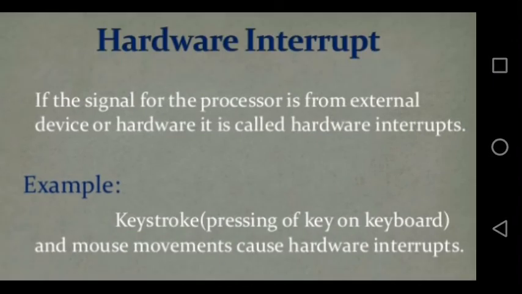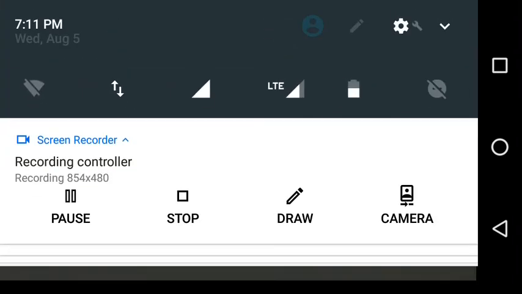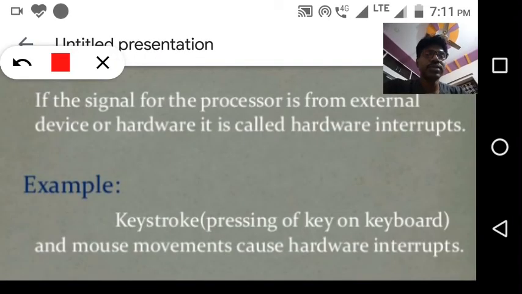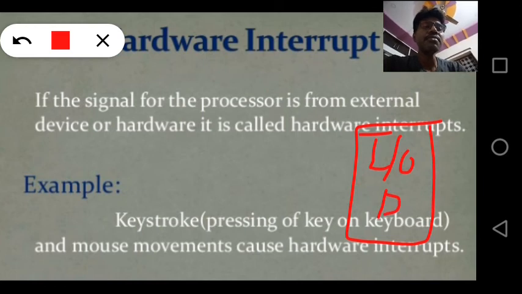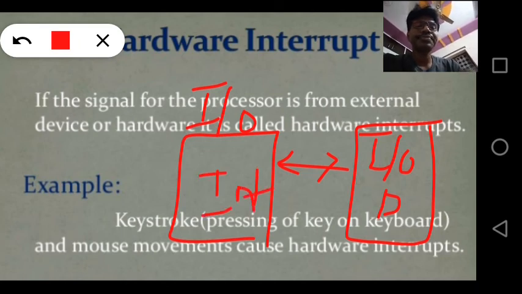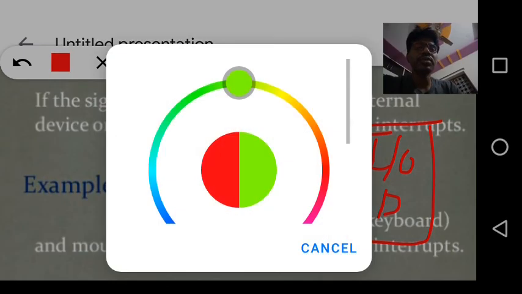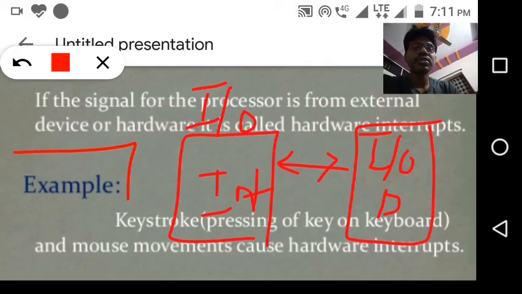so that is a hardware interrupt. It is like if the processor receives a signal from, if this is my IO device, this is my IO interface, and this is my processor.